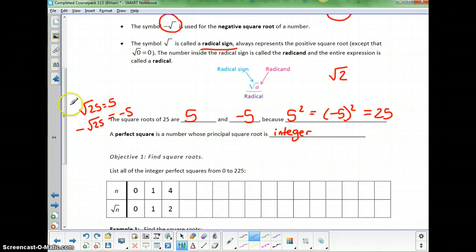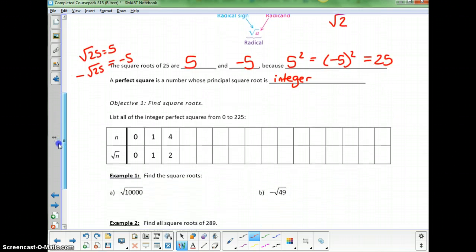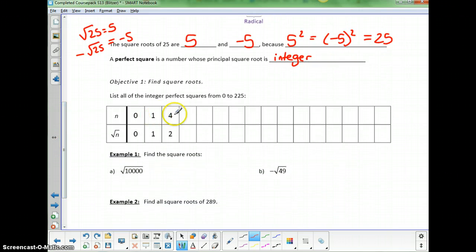So, like 25 or 9 or 4, those are perfect squares because their square root is going to come out to be a whole number. Let's list all of the perfect squares from 0 to 225. 0 is a perfect square because its square root is 0. 1 is a perfect square because its square root is 1. 4 is a perfect square because its square root is 2. 9 is a perfect square because its square root is 3.